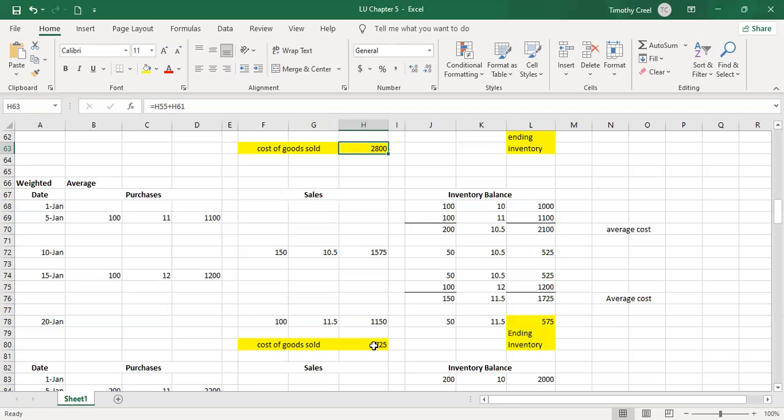They've got to pick one and stick with it for consistency of financial reporting over the years. So this is a basic example, but a good example of how you would value inventory based on LIFO, FIFO, and weighted average.